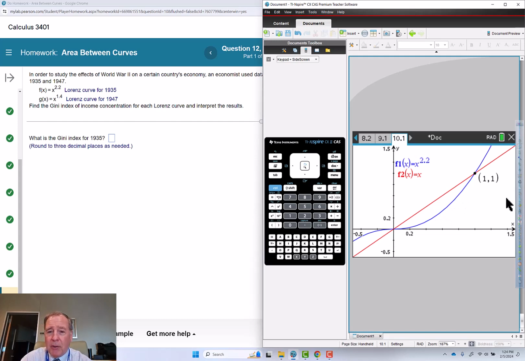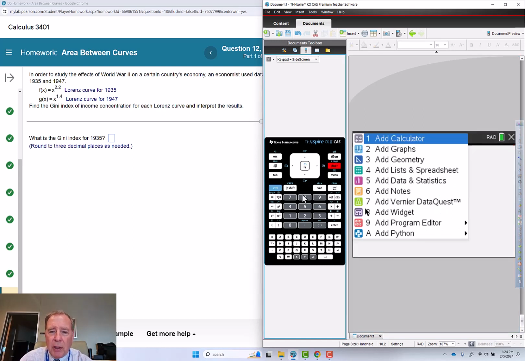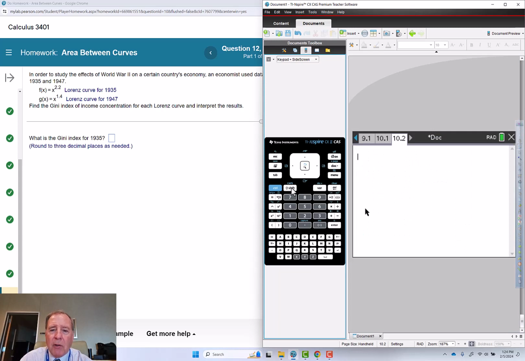Dividing by 1/2 is like multiplying by 2. So I'm actually going to do this in the calculator, so I can multiply by 2 really easily. So add calculator, shift plus, 0 to 1, and then the upper function is going to be the line y equals x, which is f2, and then minus f1 of x, tab, dx.